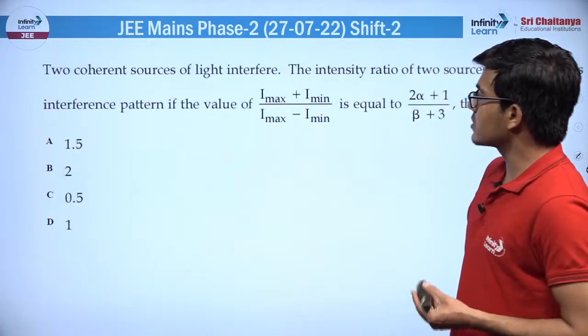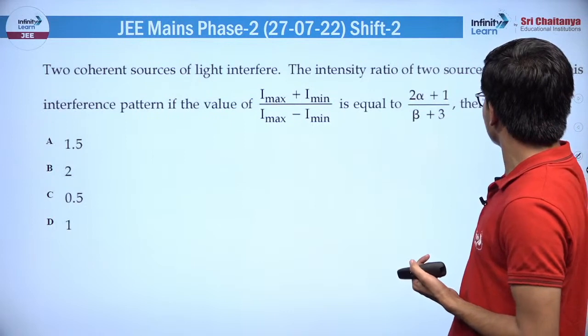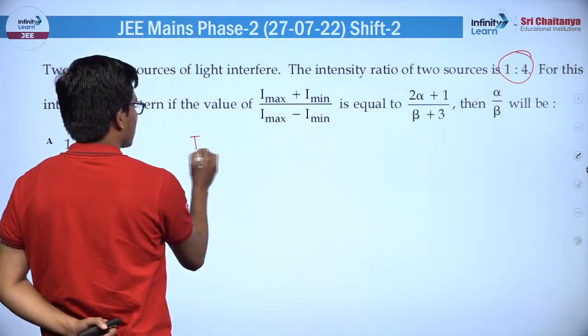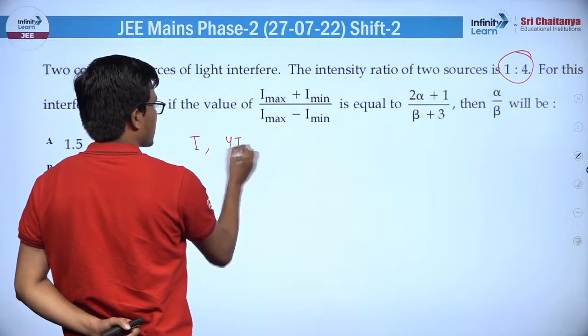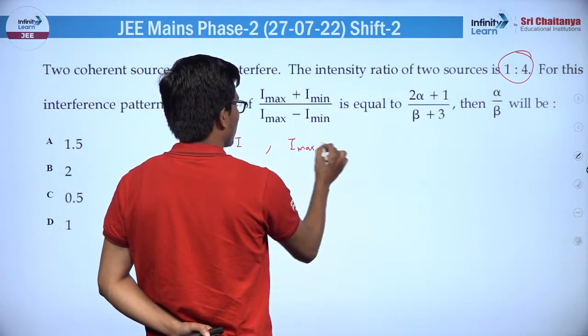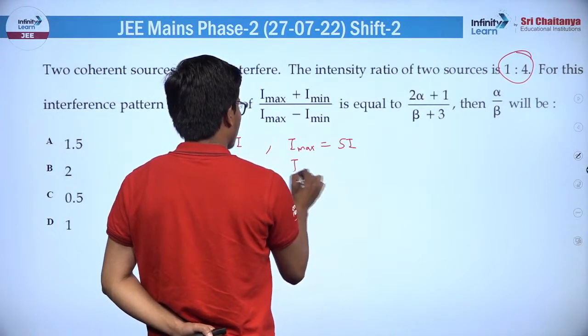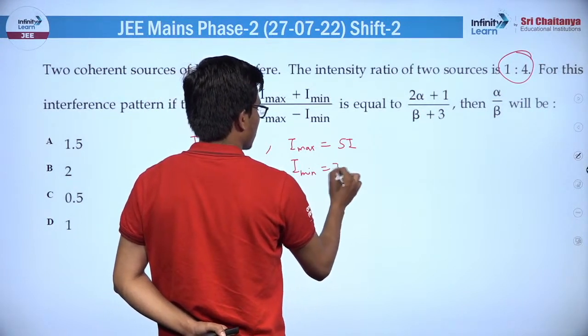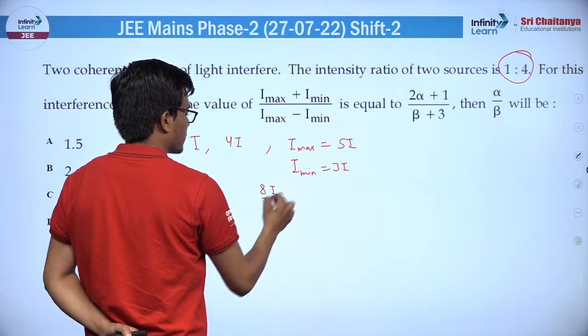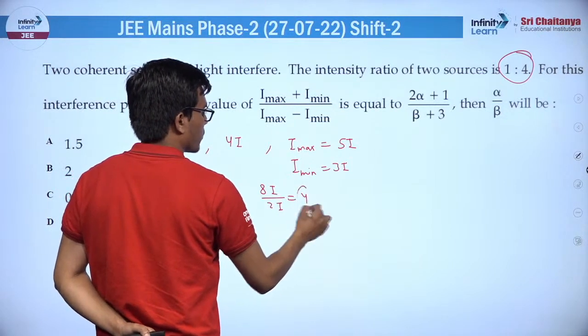Moving to the next question, two coherent sources of light are given to you in this ratio, intensity is in this ratio, right? So if one is having intensity as I, other one is having intensity as 4I, and you know that maximum intensity is the sum of these two intensities, minimum intensity is the difference of these intensities. I max plus I minimum will be 8I and subtraction will be 2I, so answer will be 4.